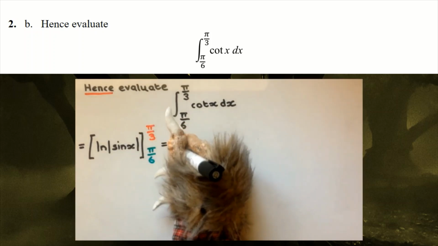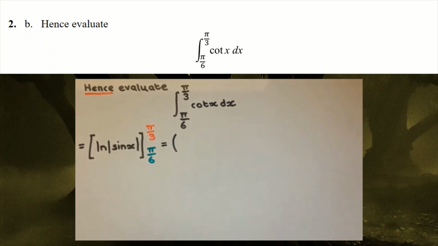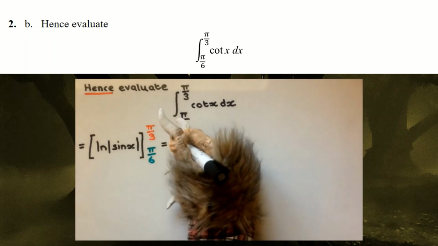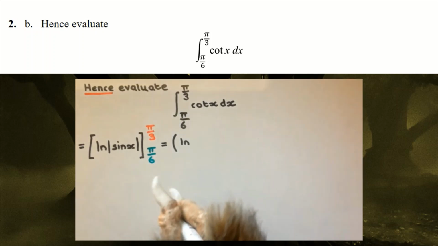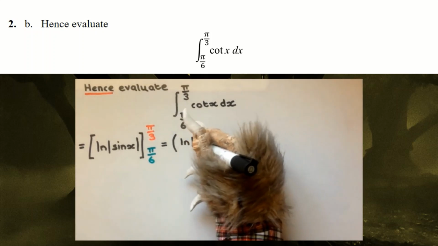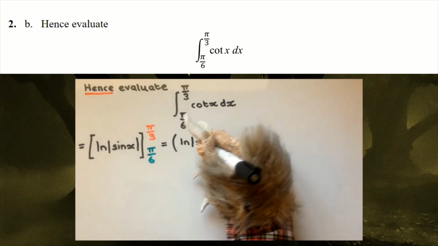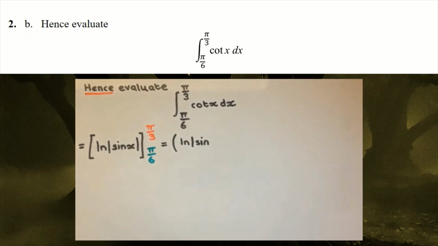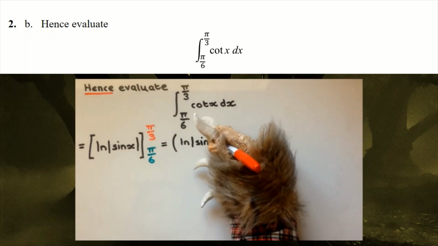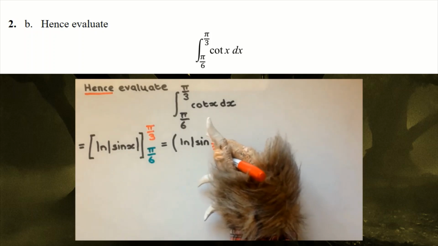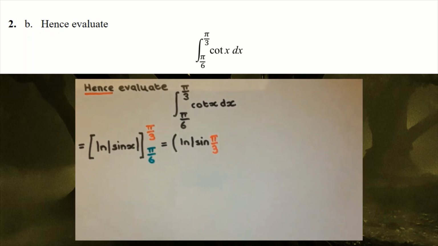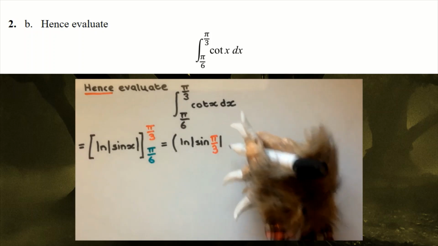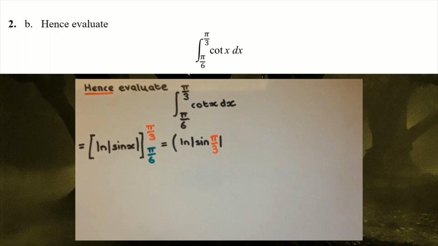So this is equal to, open your curved bracket, and natural log of sine of pi over 3. Okay, so sine of pi over 3, put that in. Close your modulus. This is a positive value, of course. I mean, there's nothing to worry about here.